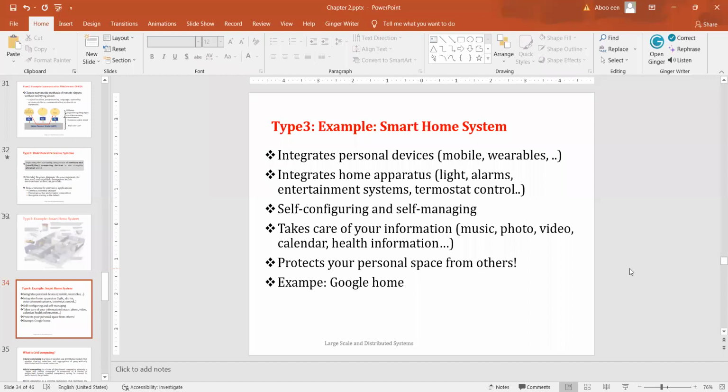It will remind you of your times, schedules, and events. Today, 10 o'clock, you have a meeting. 12 o'clock, your friend has invited you for a lunch party. You have a wedding ceremony in the evening. So all the information will be updated for your notice.